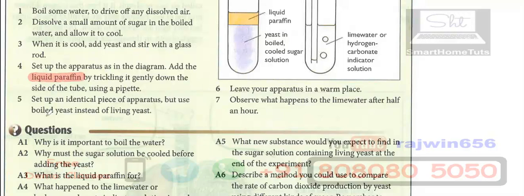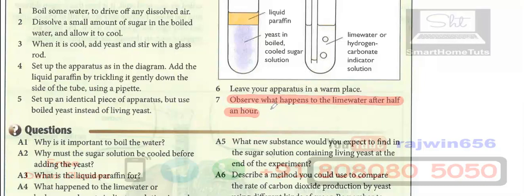Then the next part is set up an identical piece of apparatus but use boiled yeast instead of living yeast. So similar apparatus is set up, but there we are using boiled yeast. Leave your apparatus in a warm place, so that an appropriate temperature is available for the experiment. Observe what happens to lime water after half an hour.